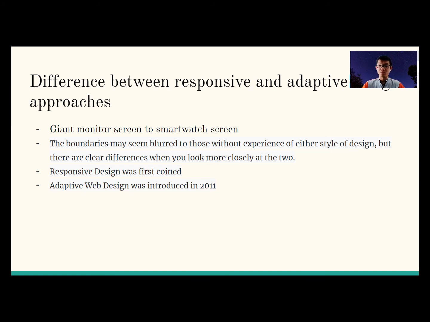So adaptive web design was introduced in 2011 by web designer Aaron Gustafson in his book, Adaptive Web Design: Crafting Rich Experiences with Progressive Enhancement. It is also known as progressive enhancement of a website.